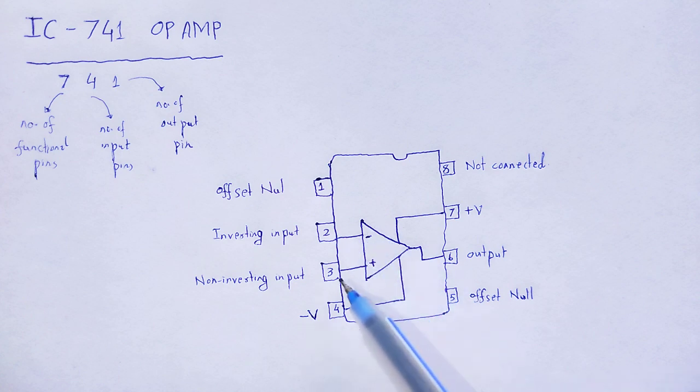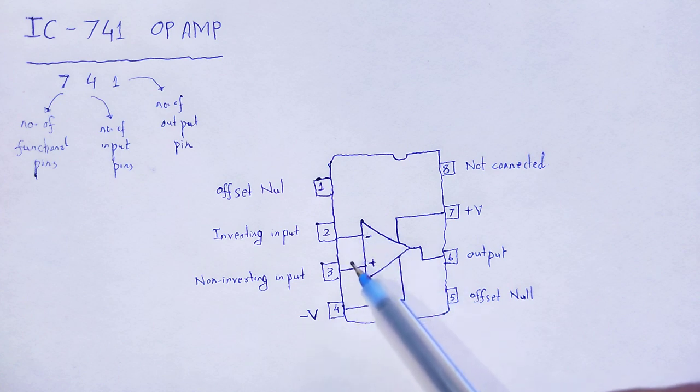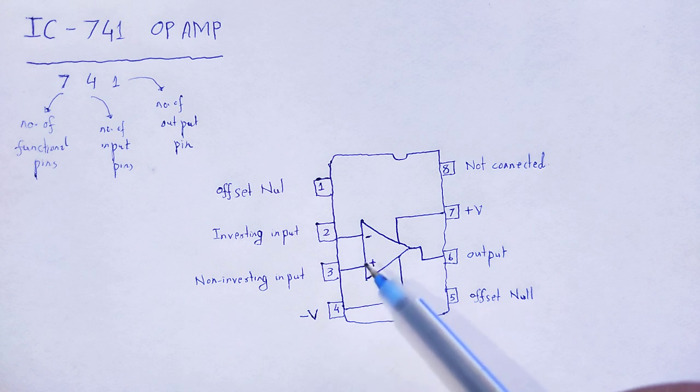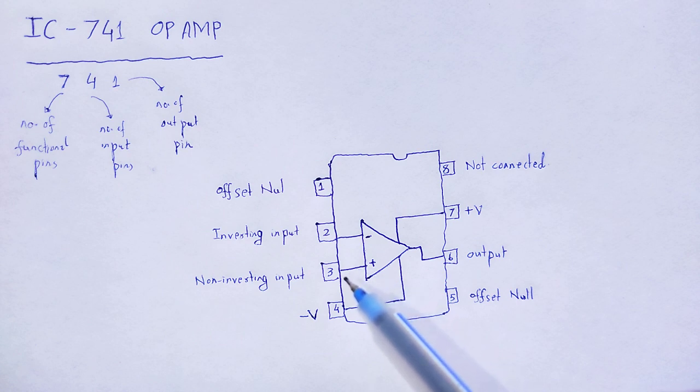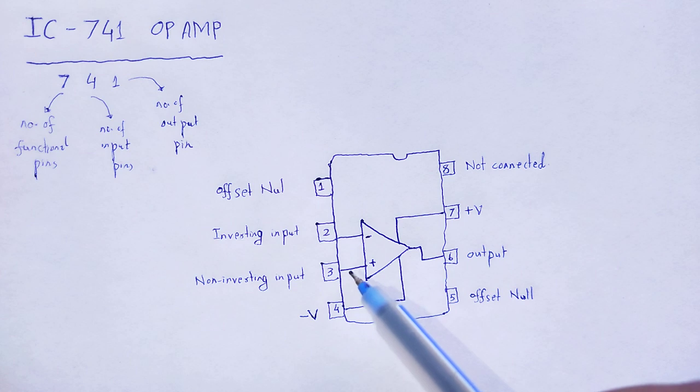This deviation of output voltage from the ideal value, which is 0, is known as offset voltage.